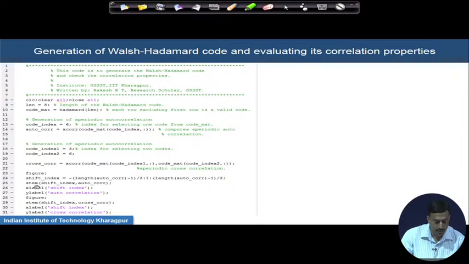And then we use stem, which is a discrete plot of this autocorrelation versus the shift index on the x-axis. So these commands from 25 to 31 are in order to plot the figure.